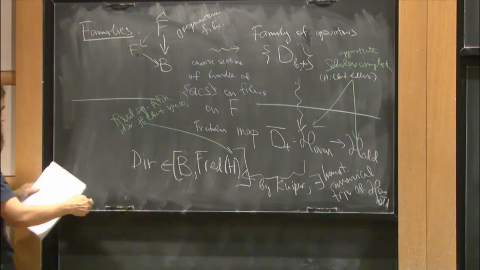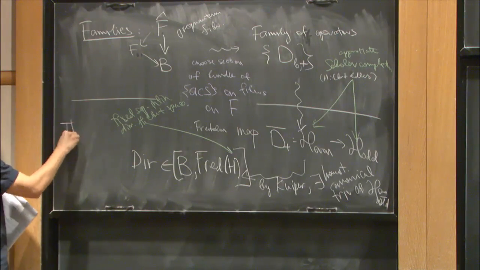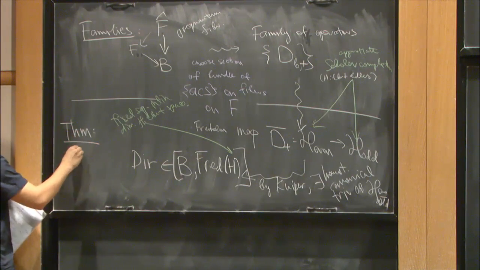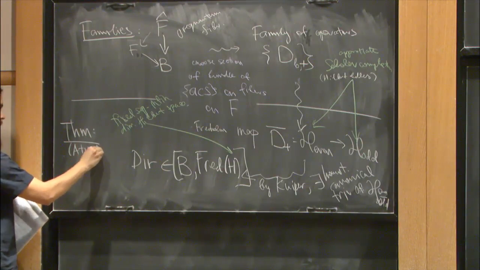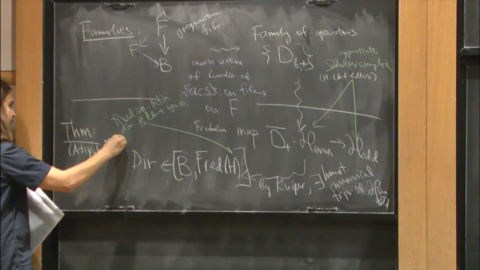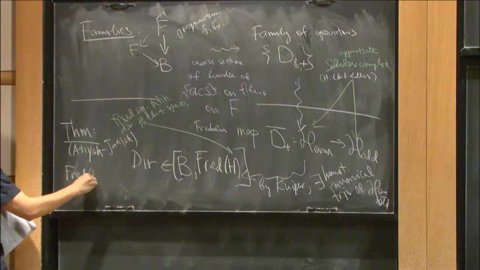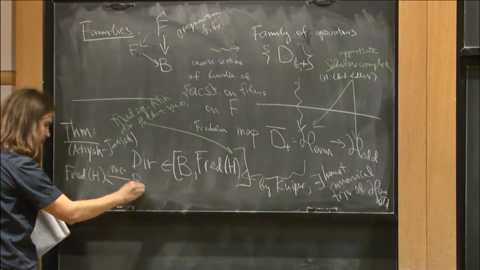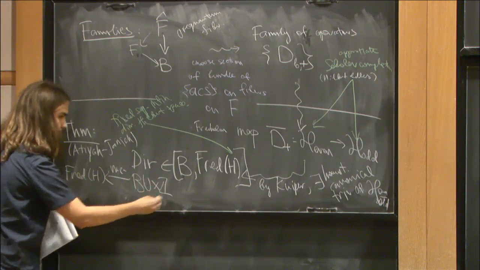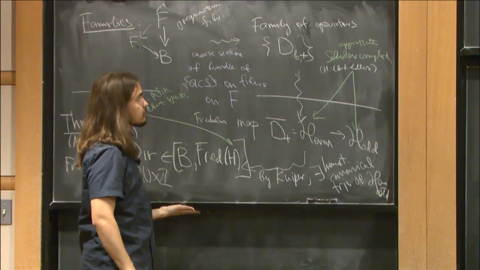Yes, and it's a well-known theorem of Atiyah and Jänich that Fred H is weakly equivalent to BU cross Z. So, okay, K-theory.